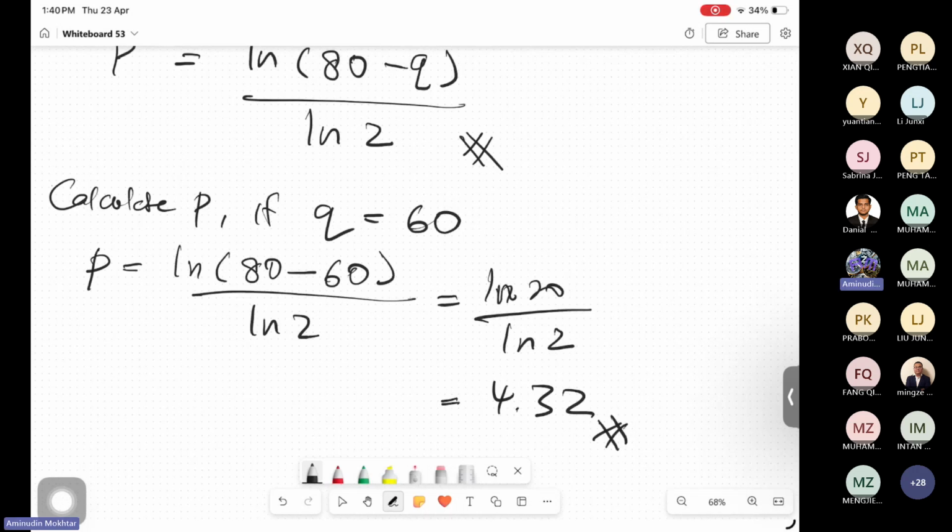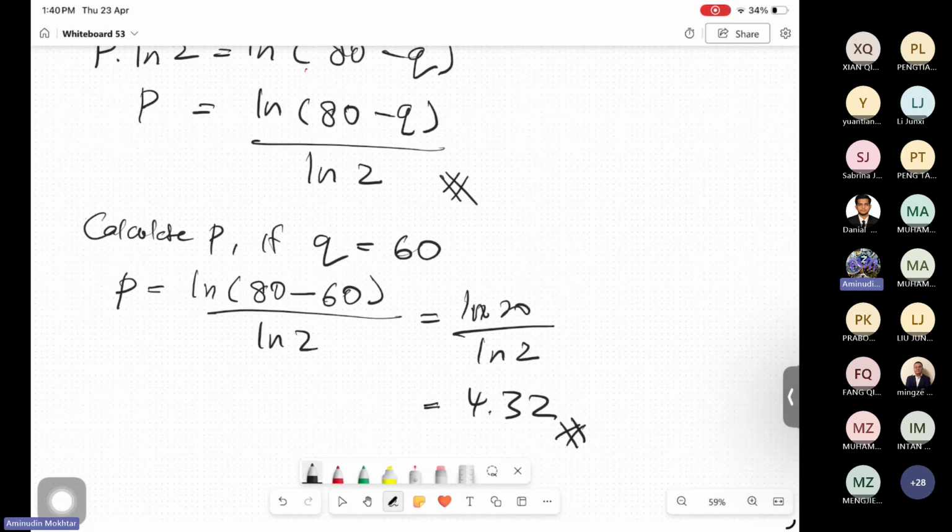That's how to find P or Q, how to convert the demand equation, supply equation, total revenue, and so on, from the log to the exponent.